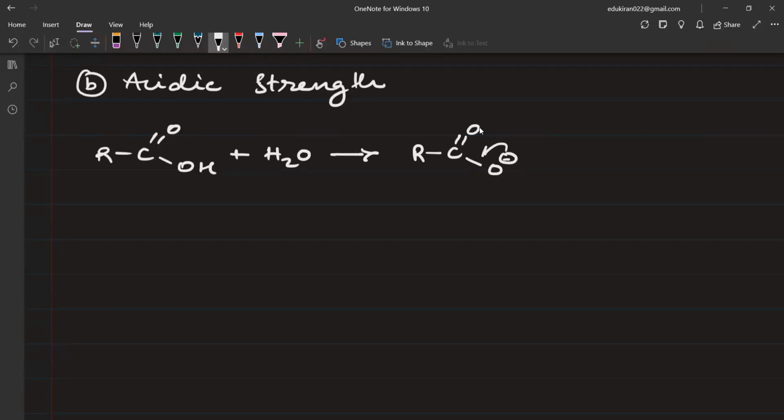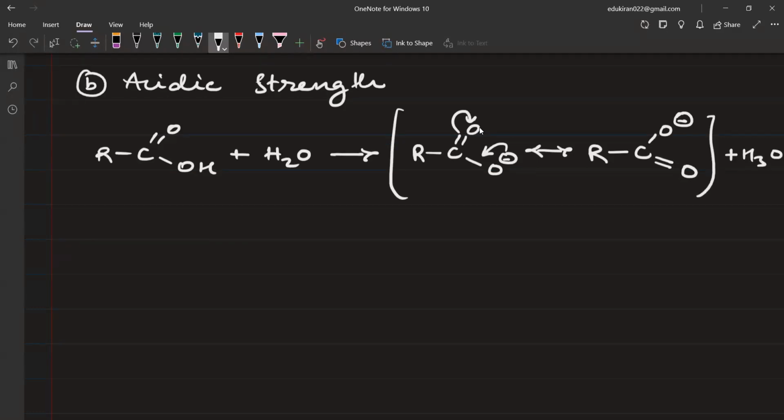Now this O negative is resonance stabilized. That means this negative charge has a probability of delocalization. It can delocalize, and that is why this resonance stabilized structure is going to be the main force why carboxylic acid is acidic in nature.